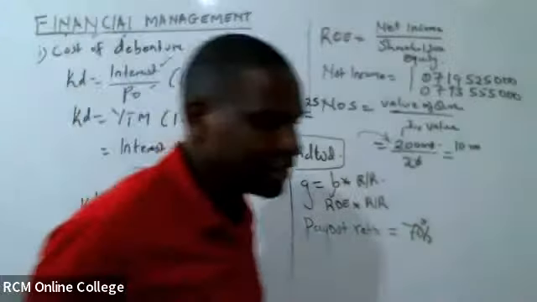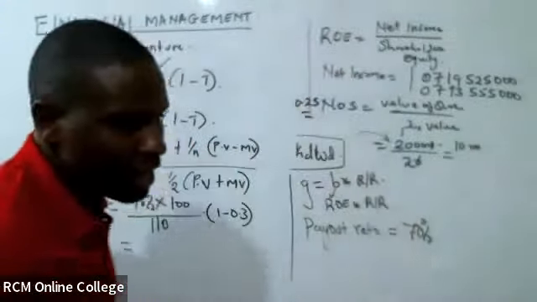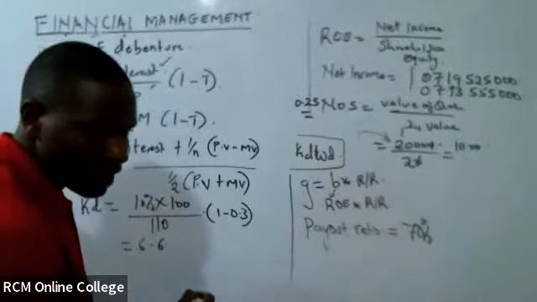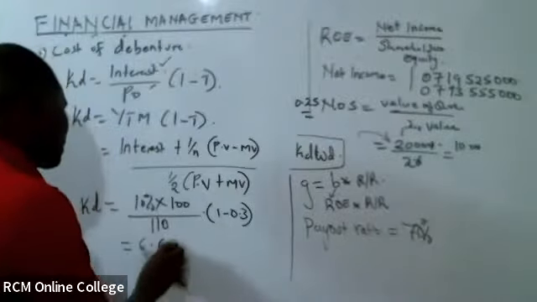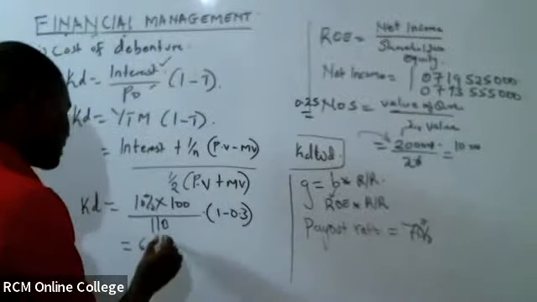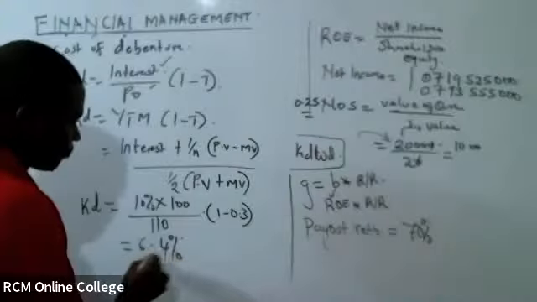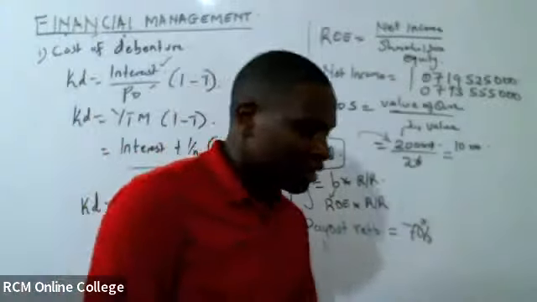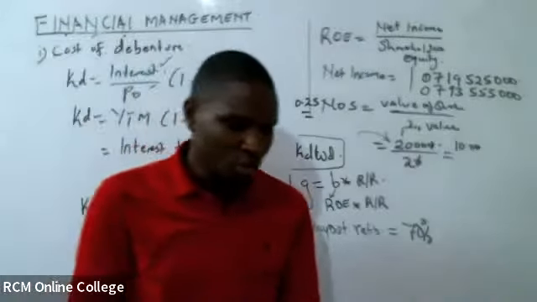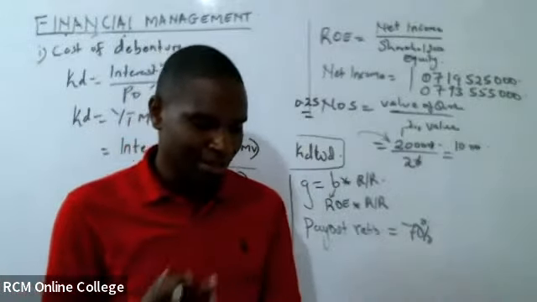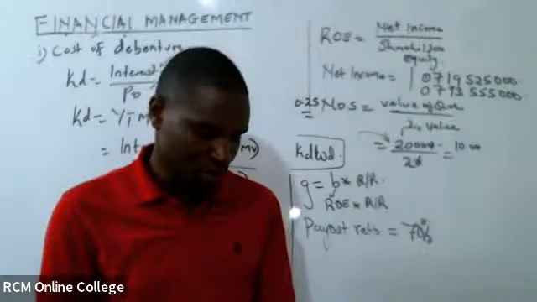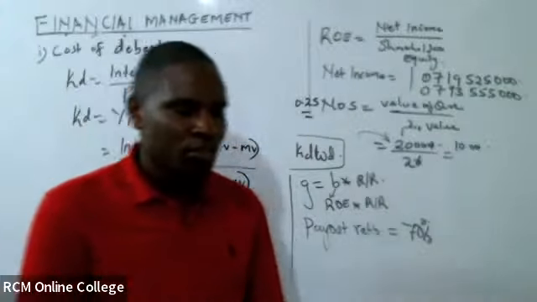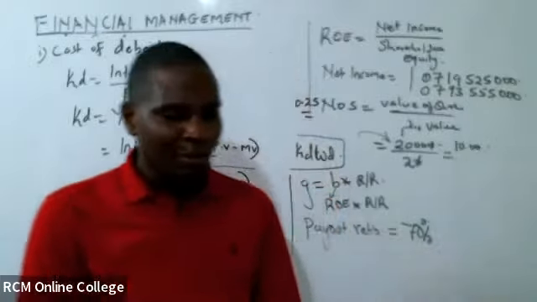People are getting a KD of 6.4%. So class, imagine by doing that, you are printing some marks there. Already, we have 5 marks. And then we proceed to the KP.